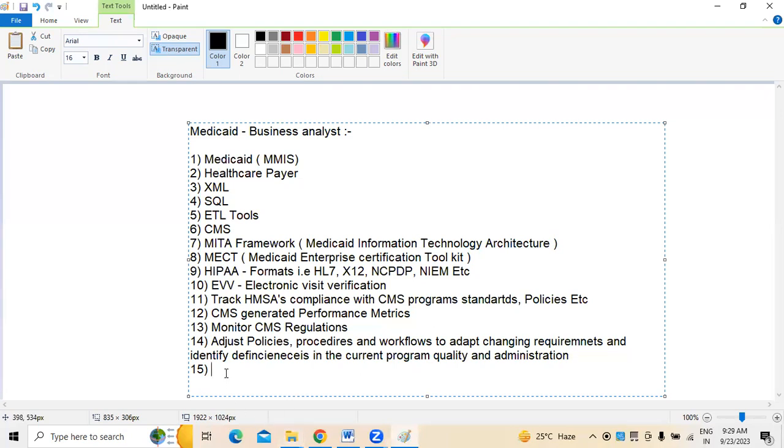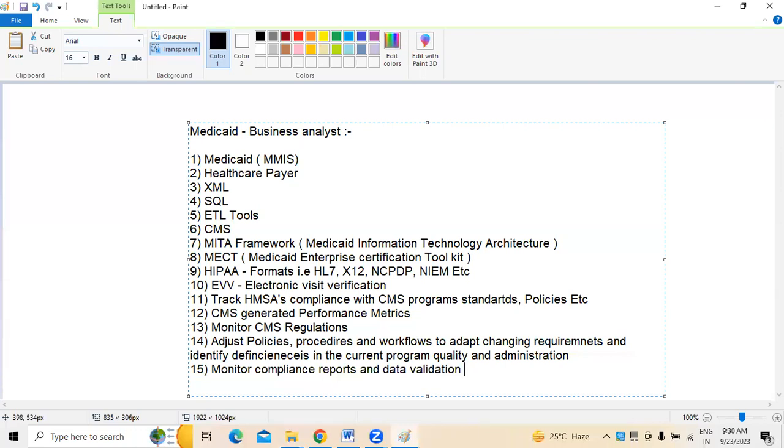And last but not least, having knowledge of monitoring the compliances, by preparing different reports followed by data validation. This knowledge is becoming exclusively important for a Medicaid business analyst.